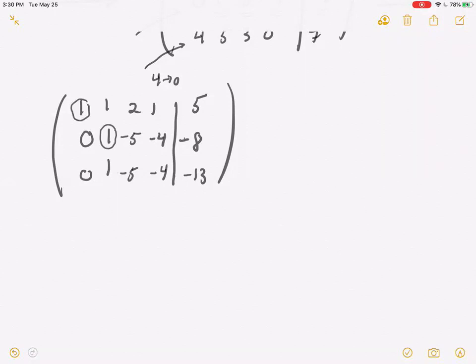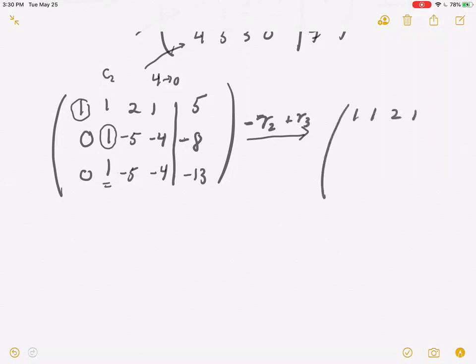But I've got to turn everything else in column 2 into zeros. So one way to do that is to, let's see, take a Xerox copy of row 2, multiplied by -1, and add it to row 3.